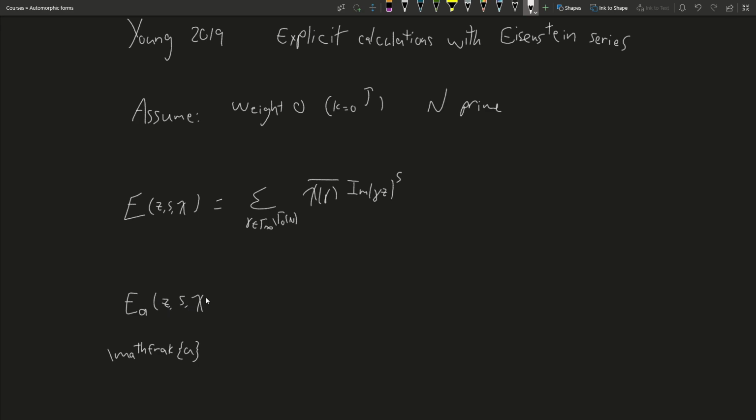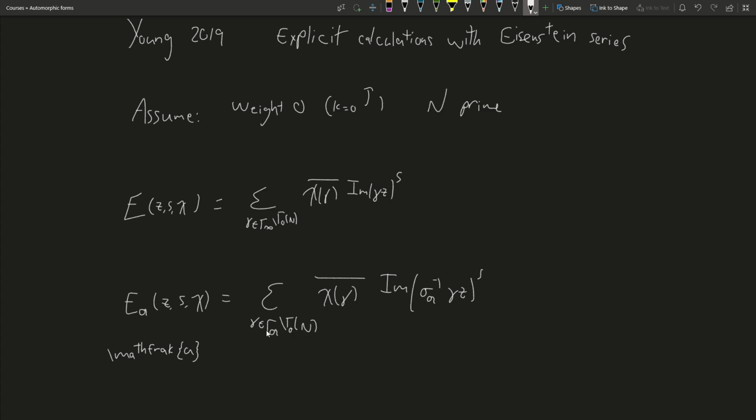And here what we have is another series definition, but we're going to have some symbols that we need to define. Instead of gamma infinity, we're going to have a gamma sub a, and then we've got our character, and then here we're also going to have this imaginary part, but now of this sigma sub a inverse gamma z to the s.